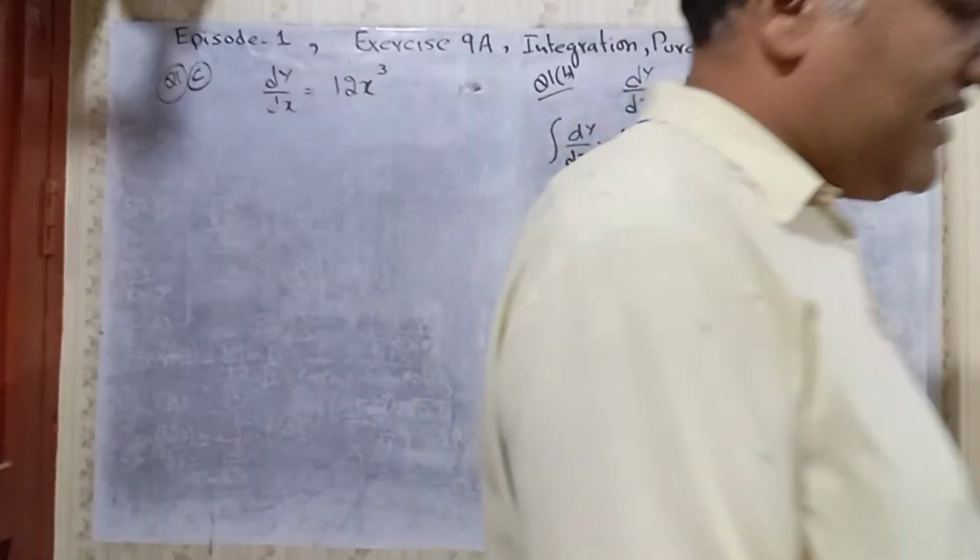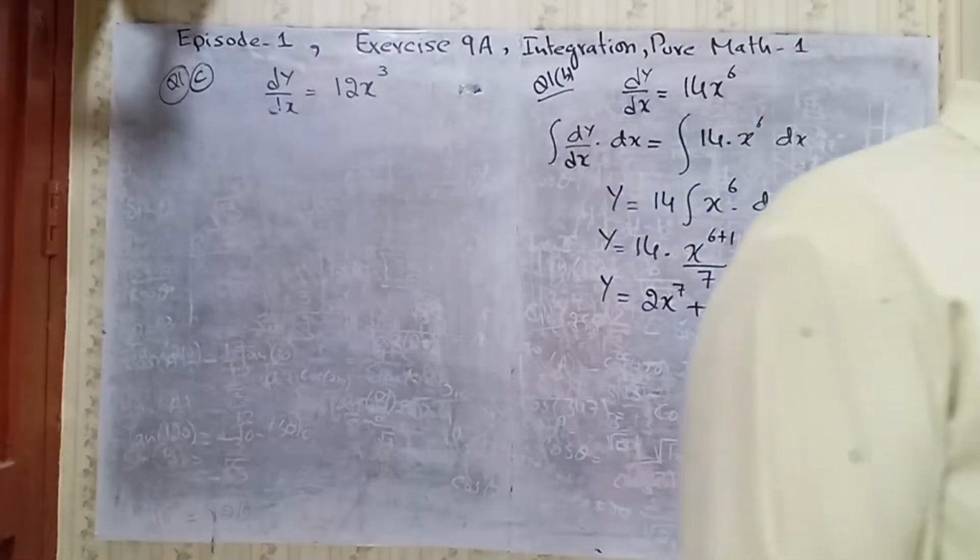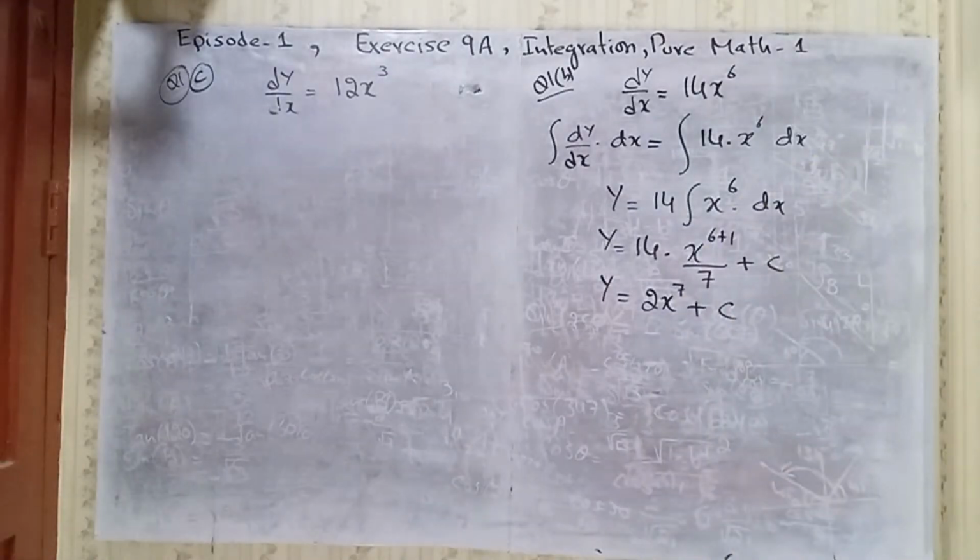We have to find y in terms of x. Dy by dx is equal to 12x cubed. So we will integrate both sides.